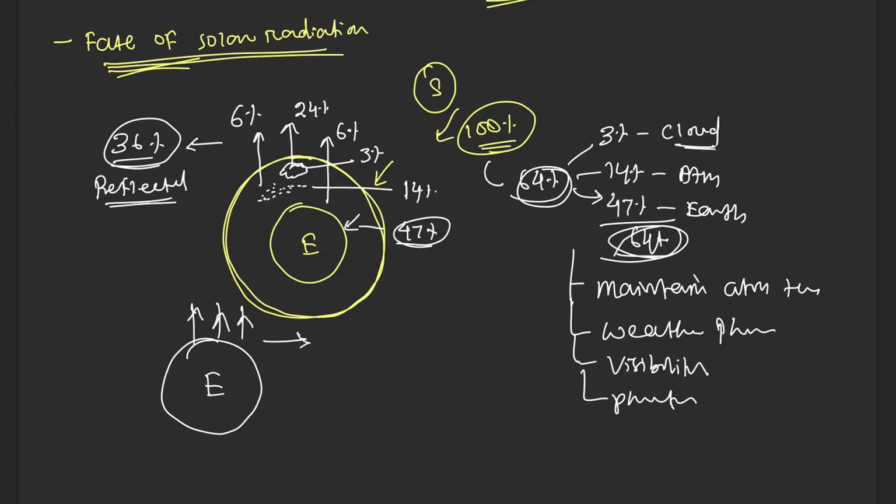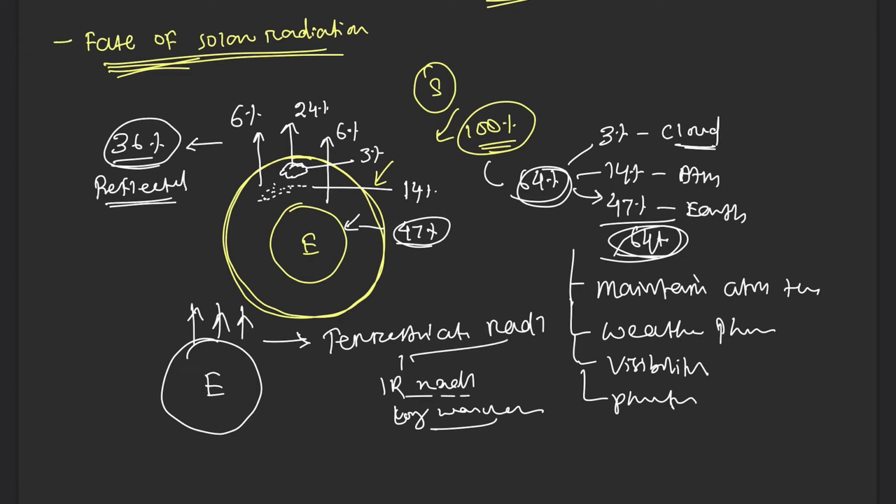This radiation is known as terrestrial radiation, and these are mainly infrared radiation or long wave radiation, having a lower energy level. These radiations have higher wavelength and lower energy level.